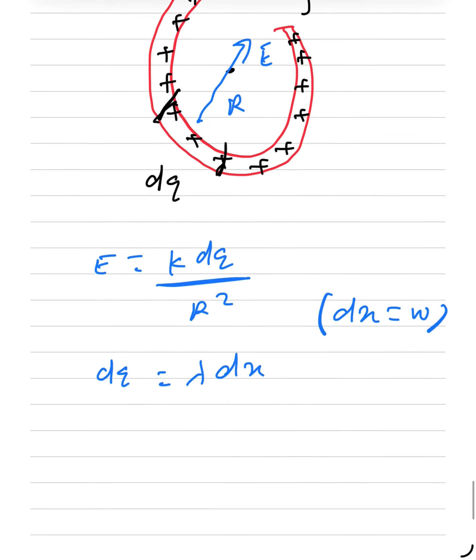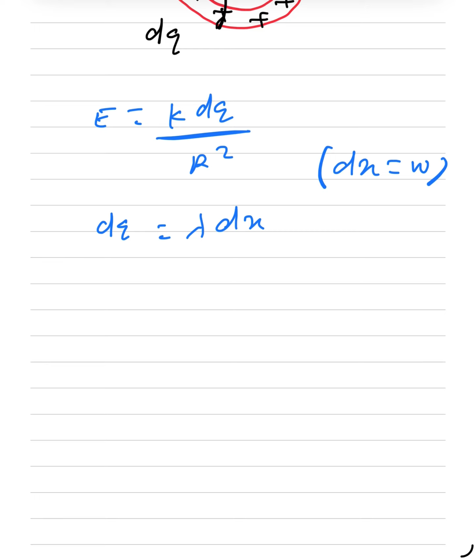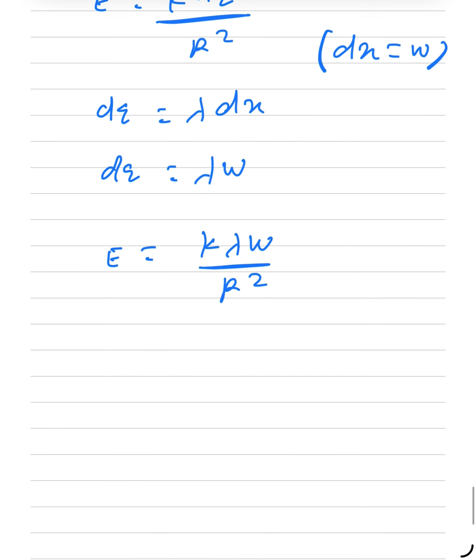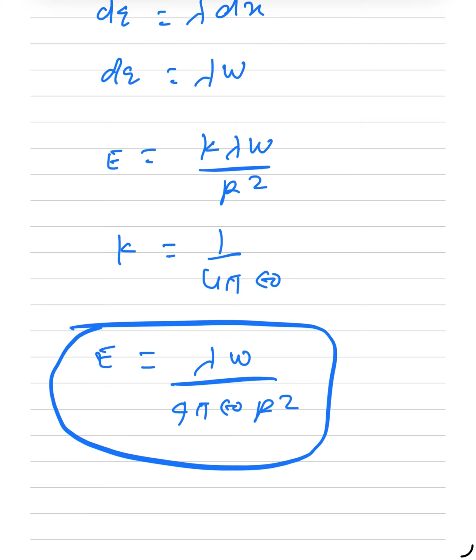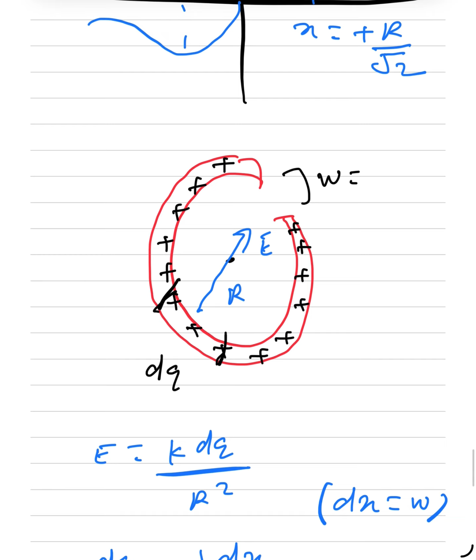Here we put dq equals lambda times w, so the electric field is k lambda w divided by r squared, and k is 1 by 4 pi epsilon naught. Then the electric field is lambda times w divided by 4 pi epsilon naught r squared. This is the value of the electric field due to the uniformly charged ring at the center point for the given diagram, right.